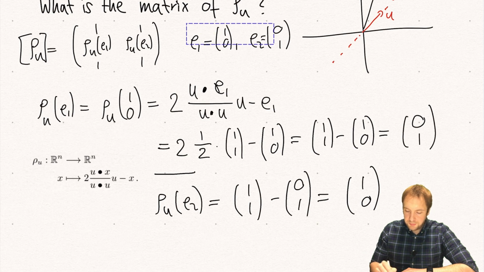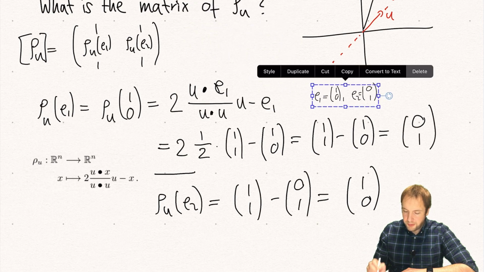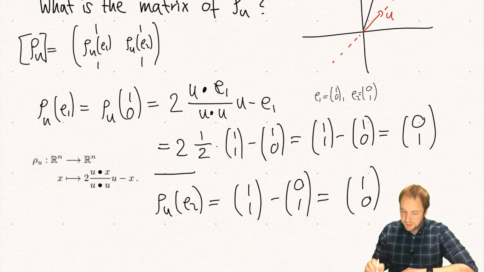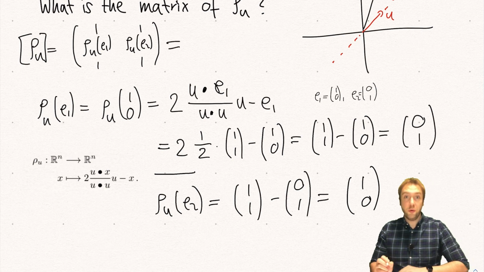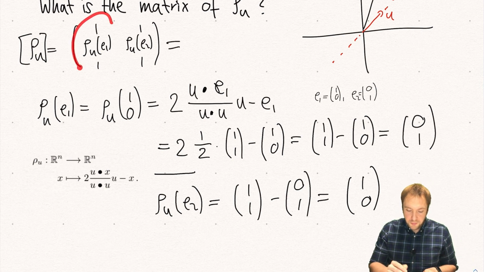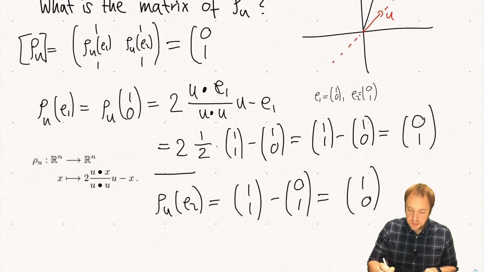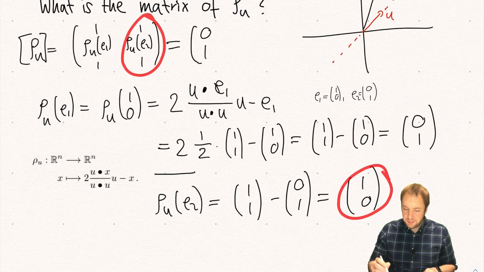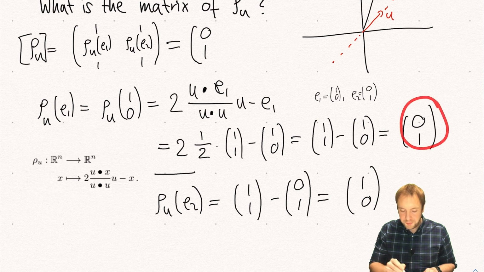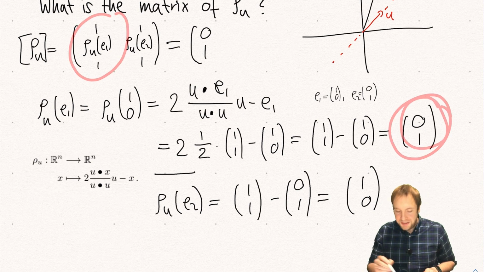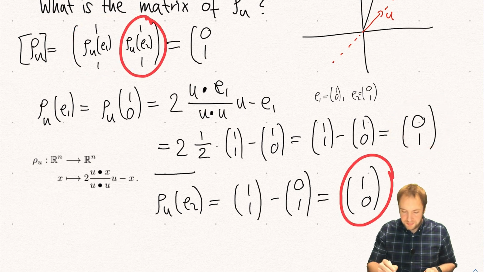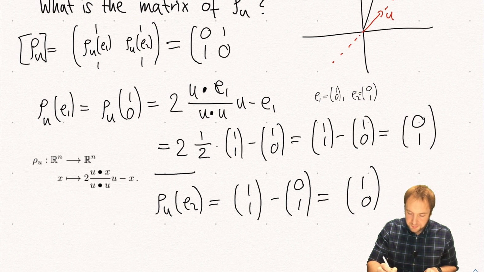So the matrix of rho u, in this case, the first column is 0, 1, and the second column is 1, 0. So it's this matrix here.